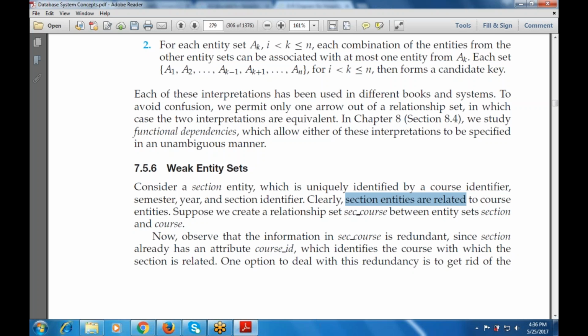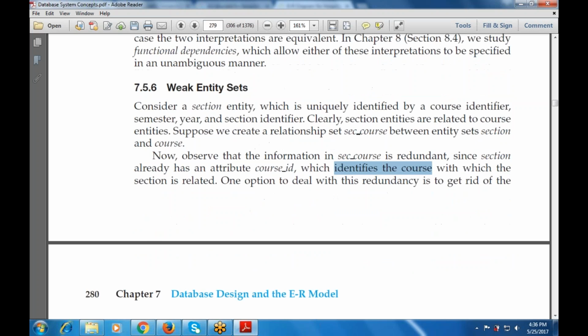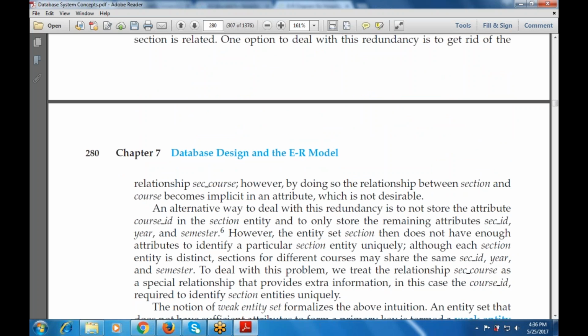So this relationship shows information that is redundant, since section already has an attribute course ID which identifies the course with which the section is related. That means we could get rid of the relationship section course. However, by doing so, the relationship between the section and the course has become implicit in this attribute, which is not desirable.